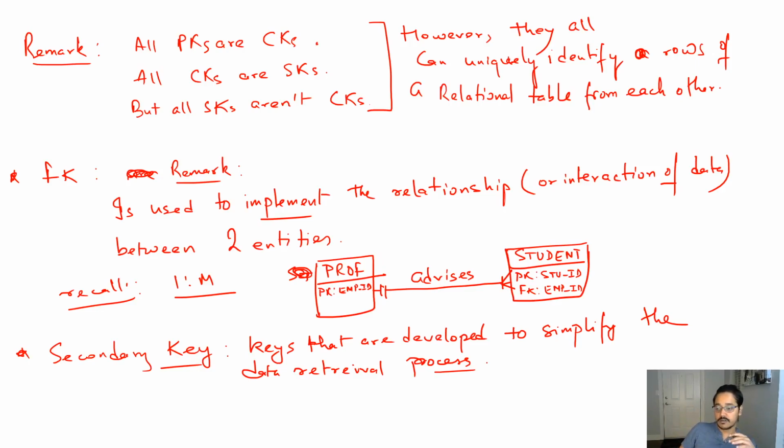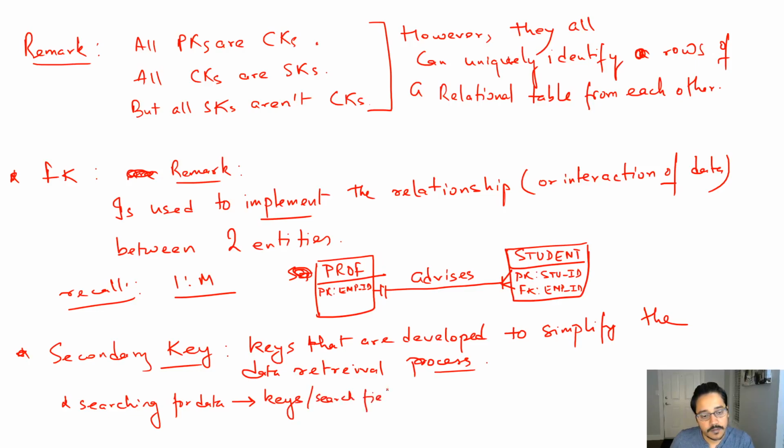It is not practically feasible. That is not a good design principle, right? So if we are searching for data, we must have keys or search fields that are user-friendly.